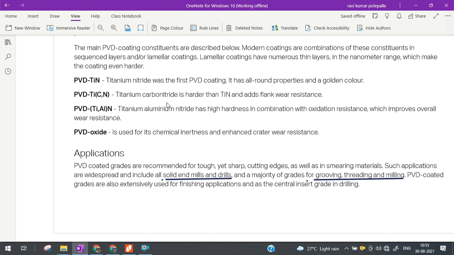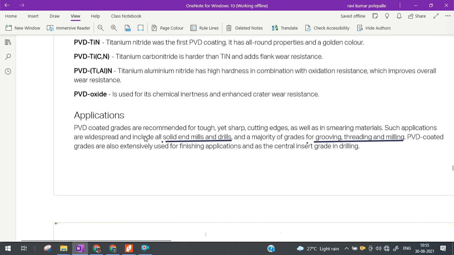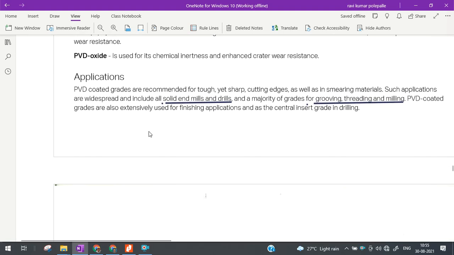Later, titanium carbonitride, TiAlN, and oxides have also been applied. Such coatings can also be used on solid end mills and drill bits, and the majority of grades for grooving, threading, milling, such applications. Okay, so this is about coating on the tools.